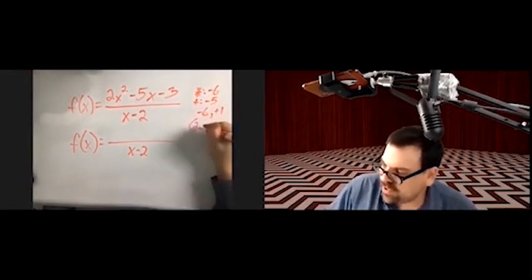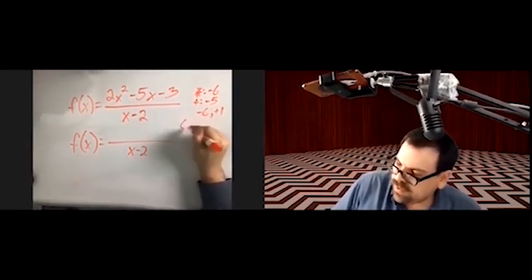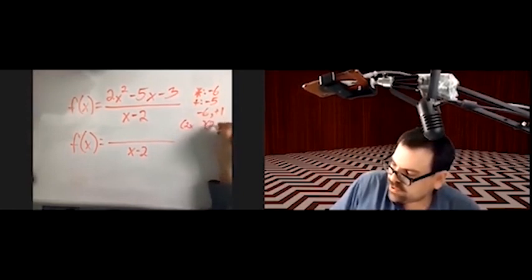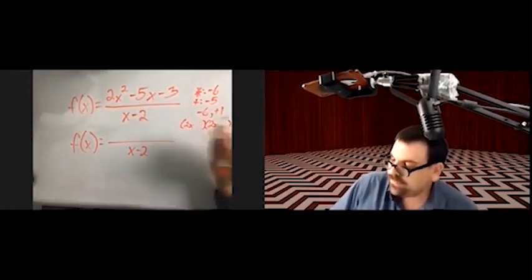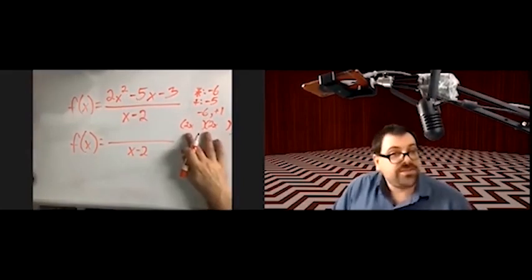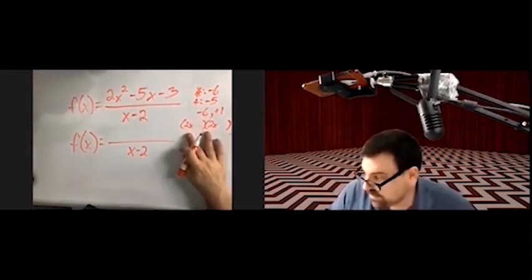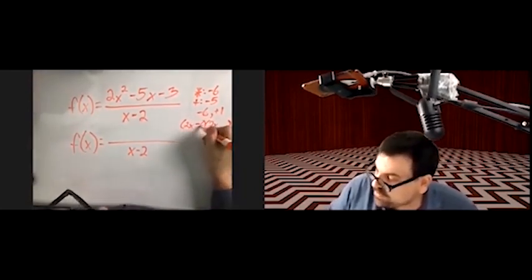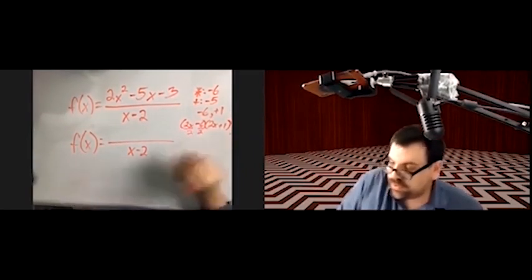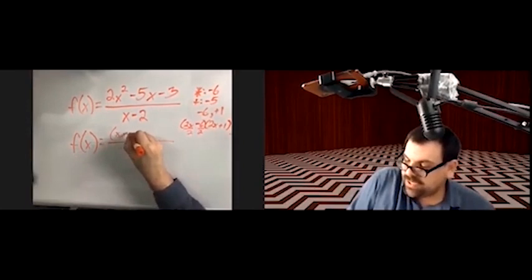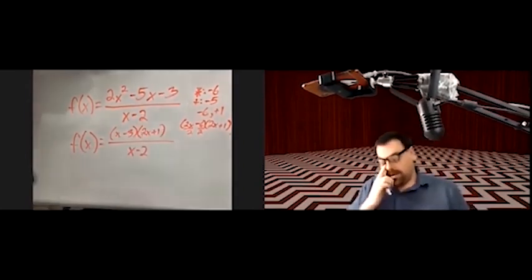If I put that in the airplane method, I would need a 2x and a 2x because of my 2x squared. But I'll also need a corrective step because 2x times 2x is actually 4x squared. Put in my minus 6, put in my plus 1. Both of these divide by 2. So we get x minus 3 times 2x plus 1.